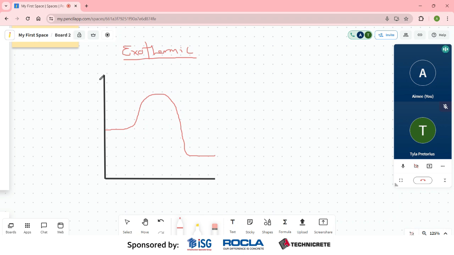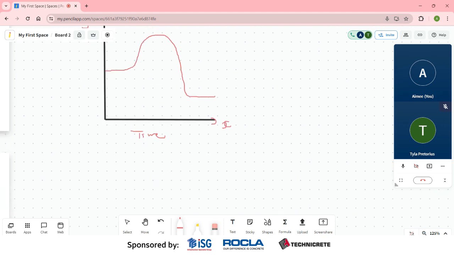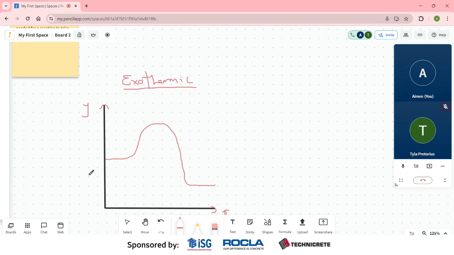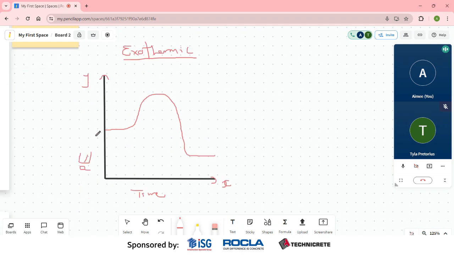So you know that this is your y-axis, this is your x-axis, this is time, and this is potential energy. Sorry, I can't write the whole word potential energy skew like that. So PE stands for potential energy. This is time. And now we indicate on the graph all the things that they were looking for.